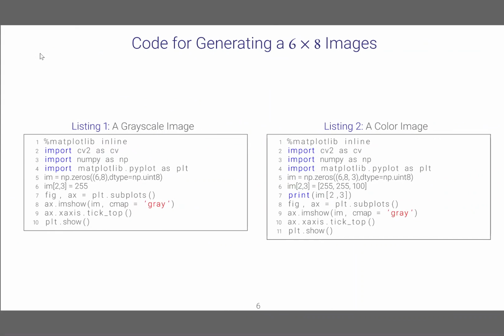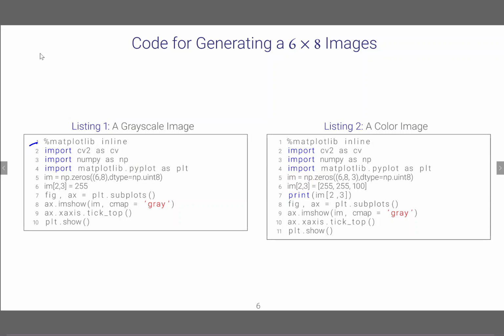What we want to do now is to create 2 such images in Python and then try to access its pixels. So to do that, we can have this Jupyter Notebook Magic Matplotlib inline to be able to show these images on the Jupyter Notebook itself.